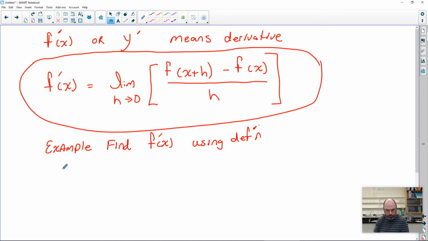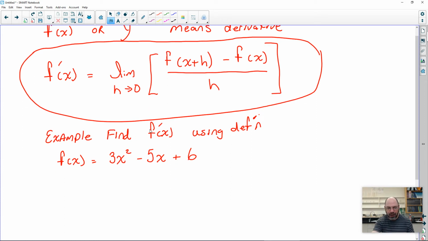Let's do f of x equals, or y, remember this could be y. Let's go 3x squared minus 5x plus 6. Okay, so there's a full quadratic equation. It's got x's in a couple different parts. And how do we do this?